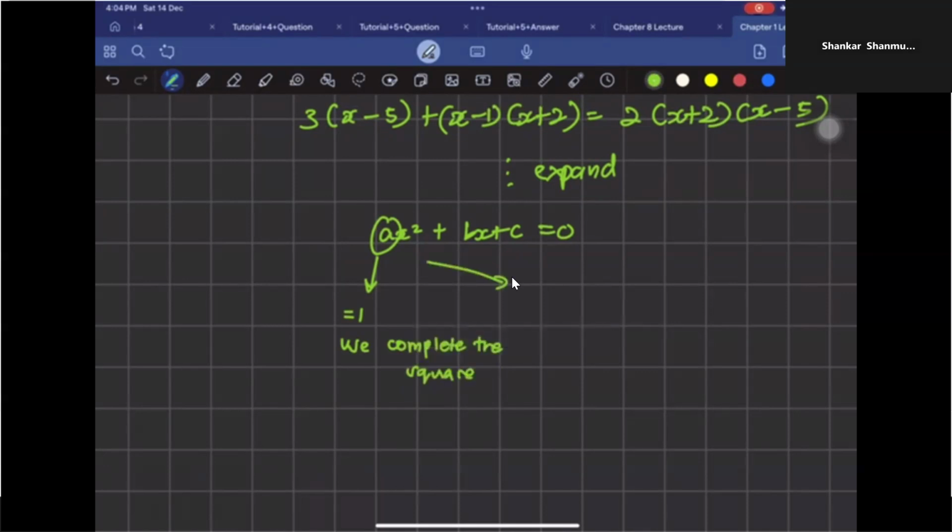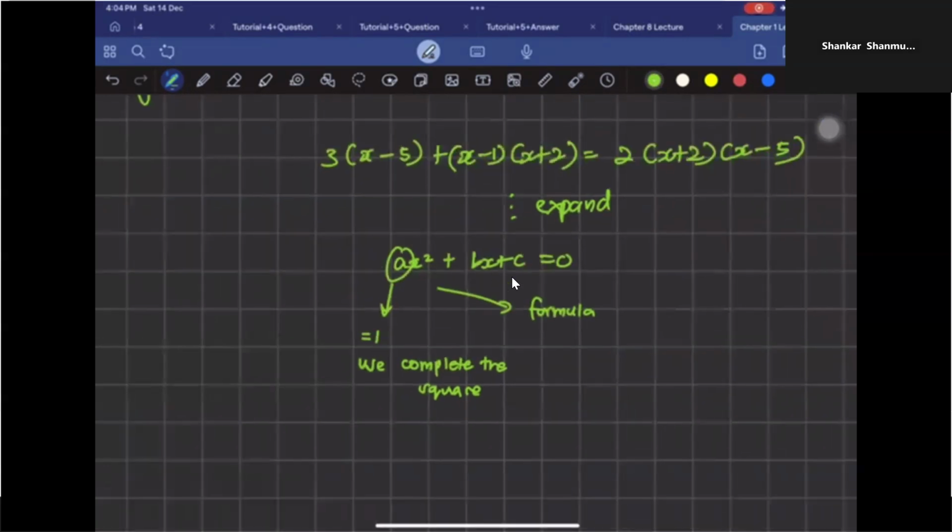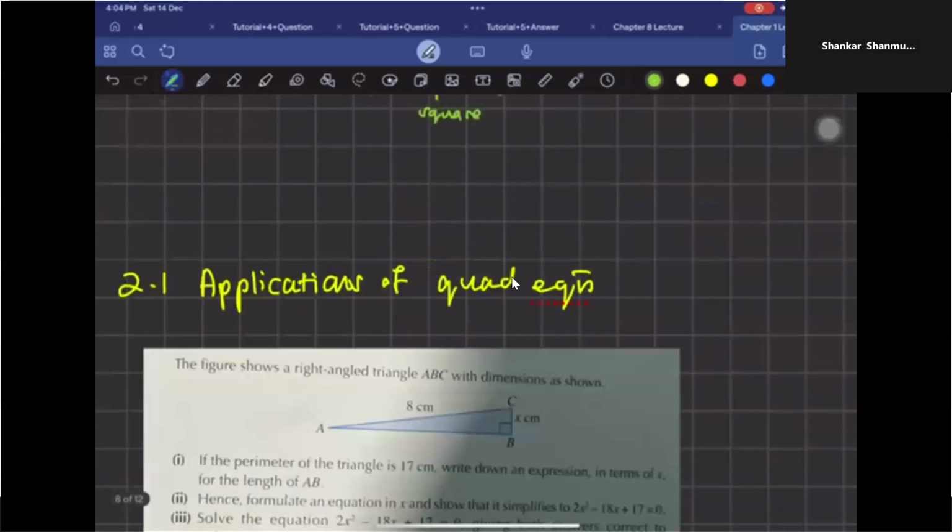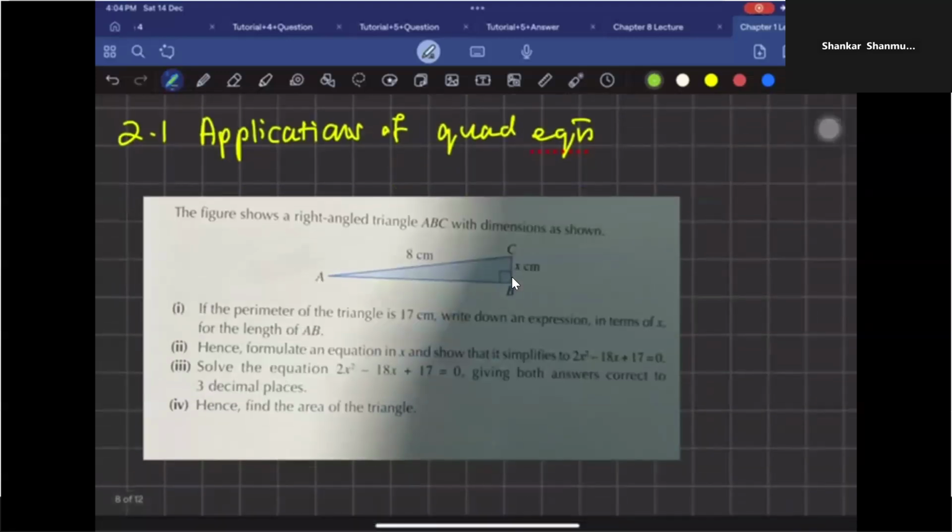Otherwise, you can use formula. Okay? But again, this is up to you. Whichever method that you're comfortable with, just stick to it. There's no hard rule that you need to follow a specific one unless the question specifies. Okay?